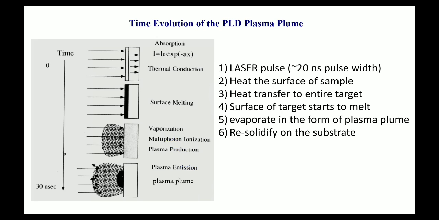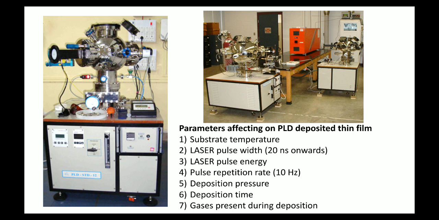So in a very small span of time there is a formation of a plasma plume, and it is generated when you start to bombard the surface of the target with the laser pulses.